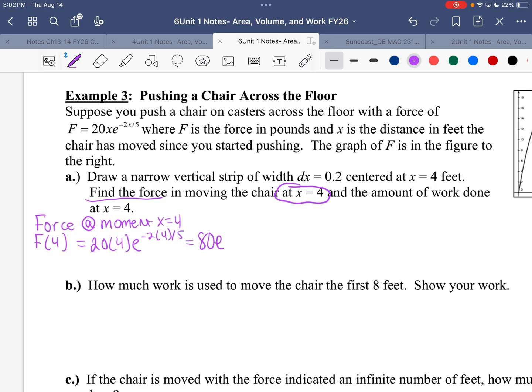So that's 80 e to the negative 8 over 5, which with a calculator is 16.152 pounds. So this is the force of moving the chair at 4 feet.